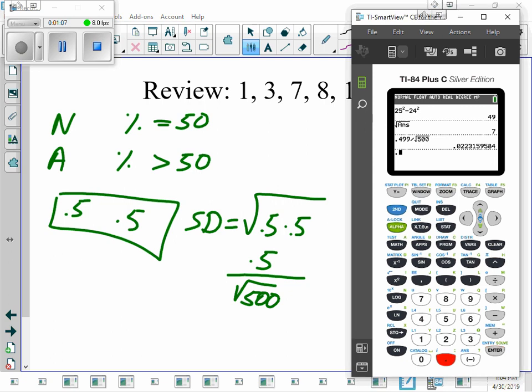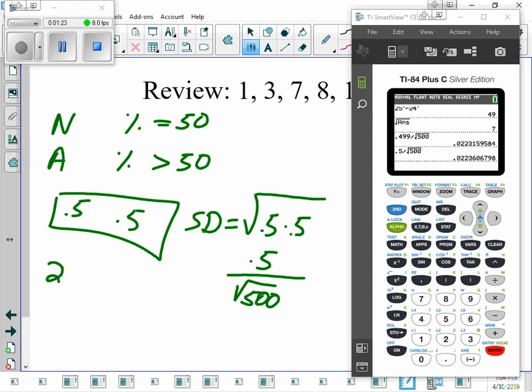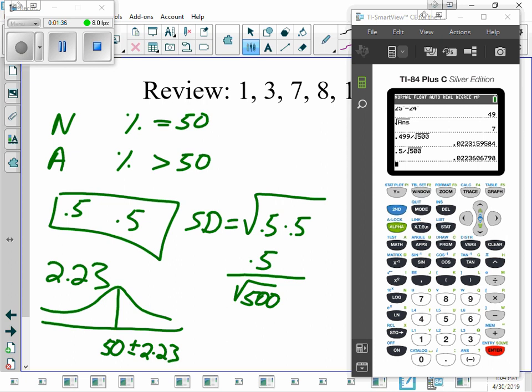So 0.5 divided by the square root of 500, and we get 2.23, which means on my normal curve, we expect 50 to be in the middle, plus or minus 2.23.